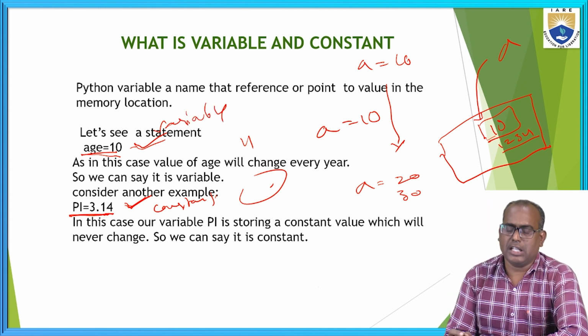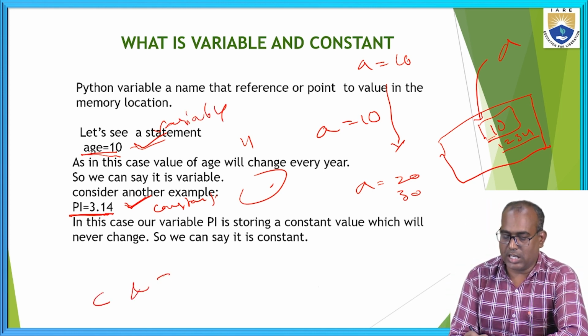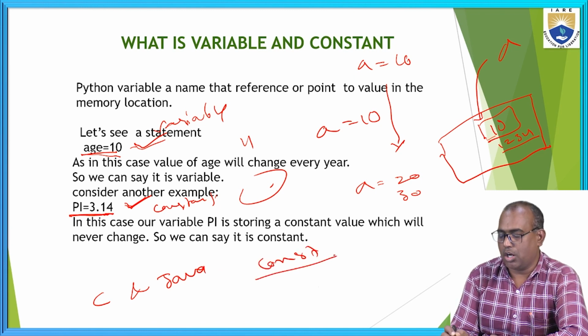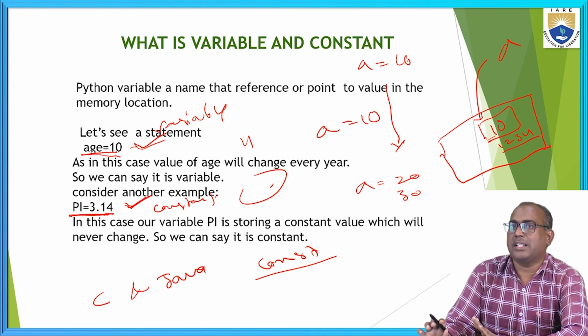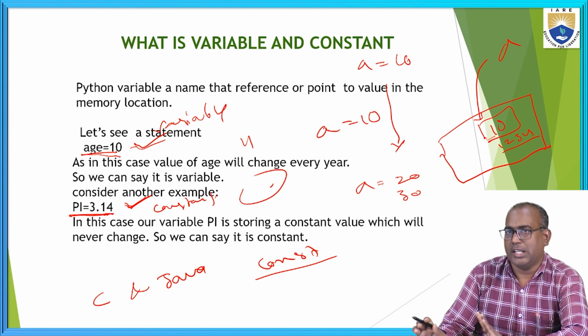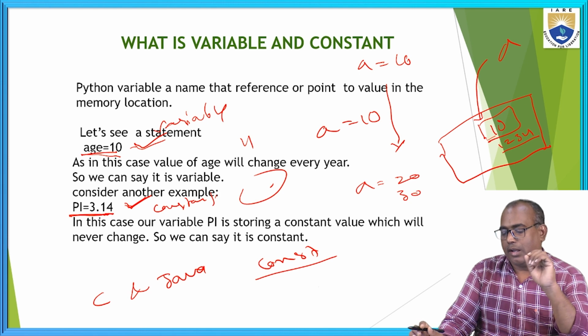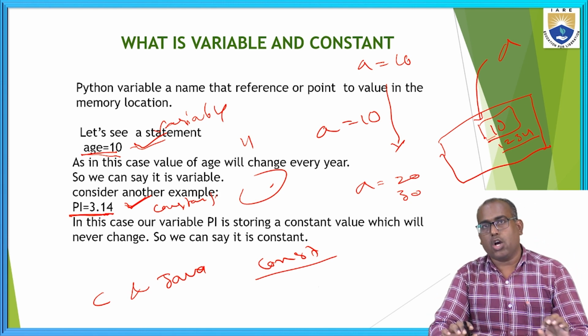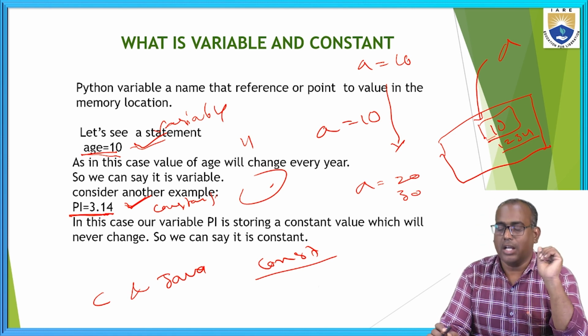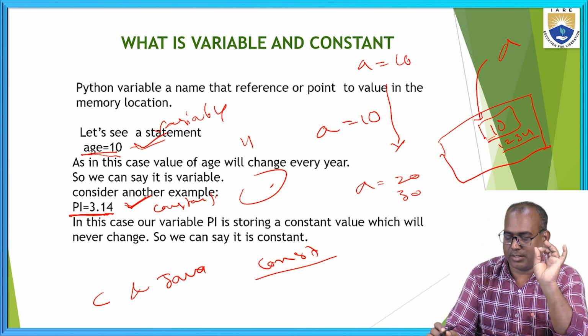In other languages like C and Java, we use const, constant, to declare variables as constants. But in Python, unfortunately, we don't have that facility. We can show our intention that it is a constant by writing the variable in capital letters.